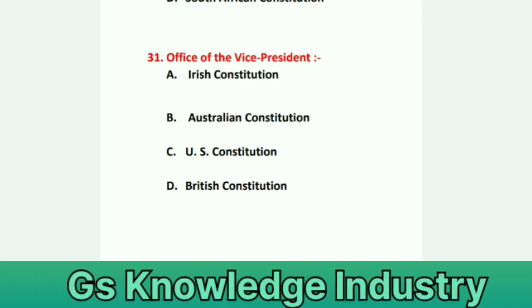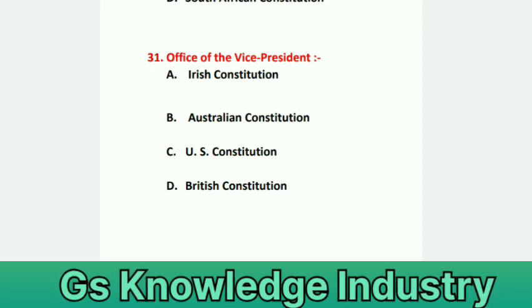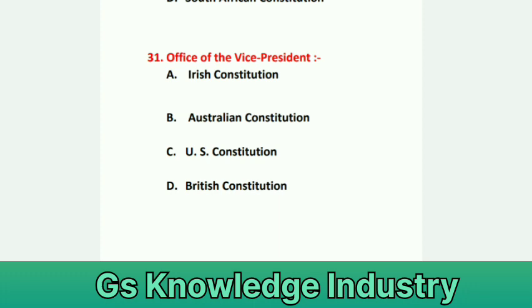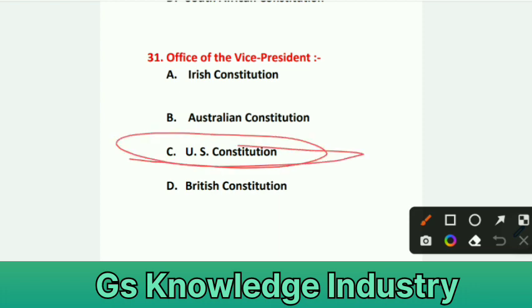In our India, the office of the Vice President system has been came from option A Irish Constitution, option B Australian Constitution, option C US Constitution, option D British Constitution. Here the right answer is option C. US Constitution. Office of the Vice President, this system has been came from US Constitution.